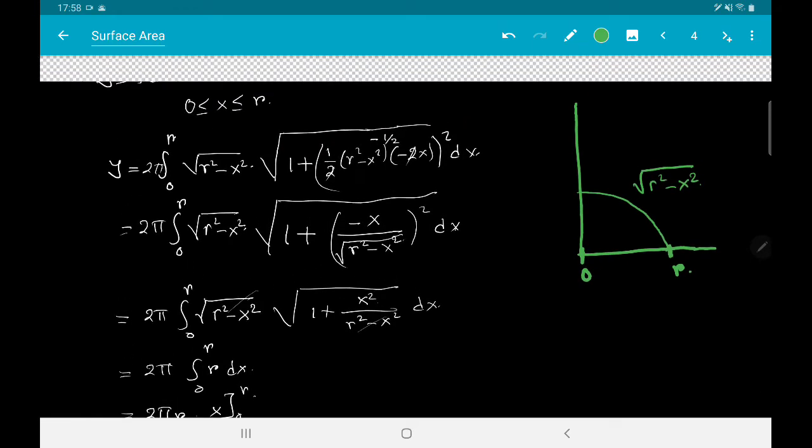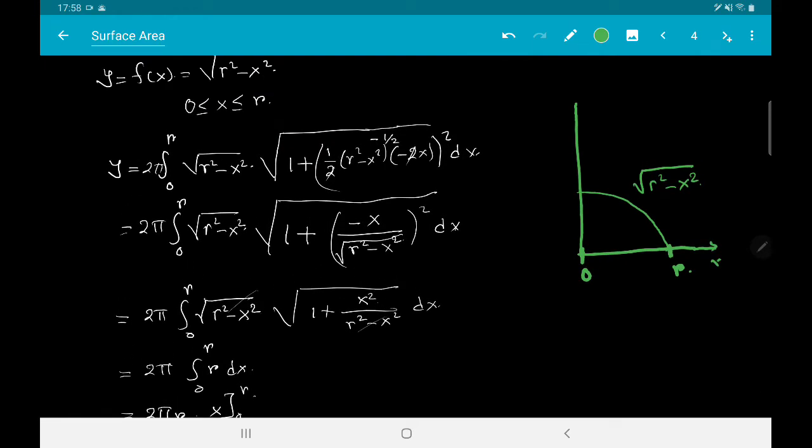If I rotate this half semicircle about the x-axis, then what we are going to get is a half sphere like this.